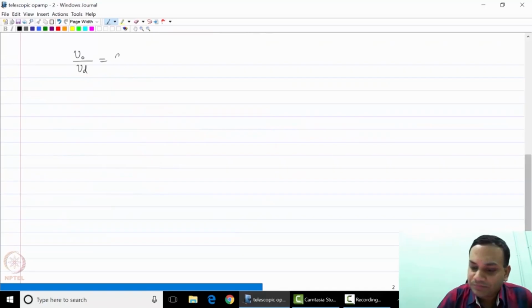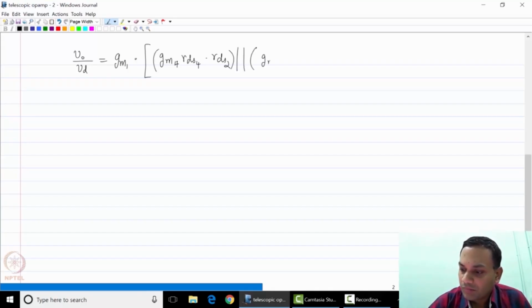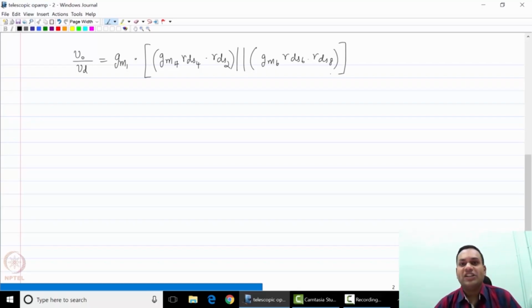This is nothing but GM1 times GM4 RDS4 times RDS2 in parallel with GM6 RDS6 times RDS8. So this is the voltage gain of the circuit.